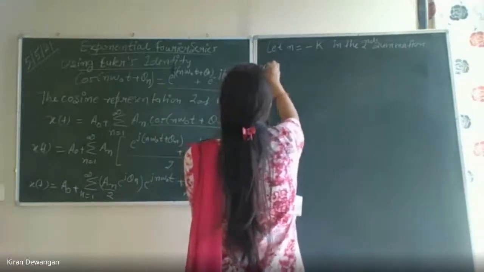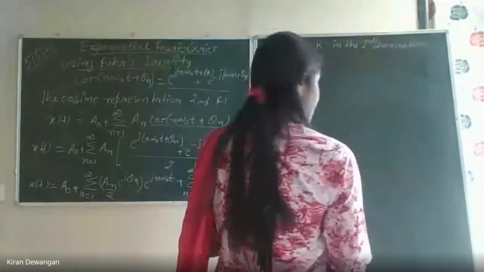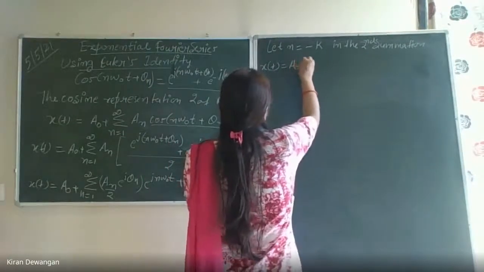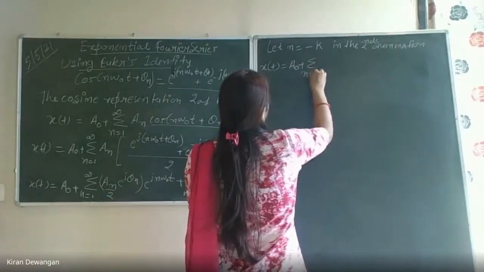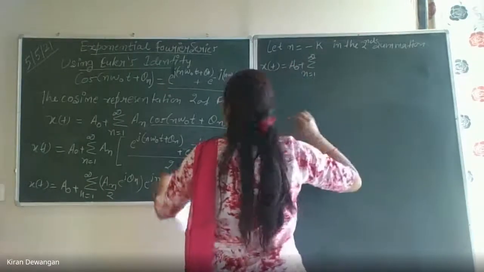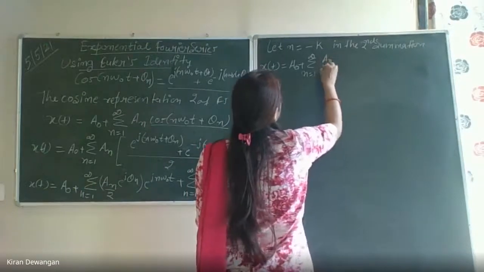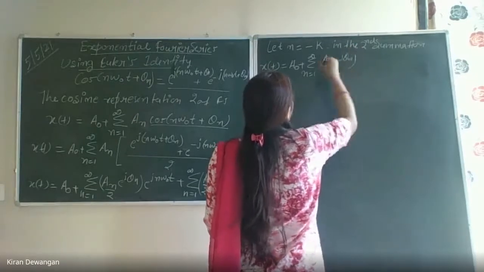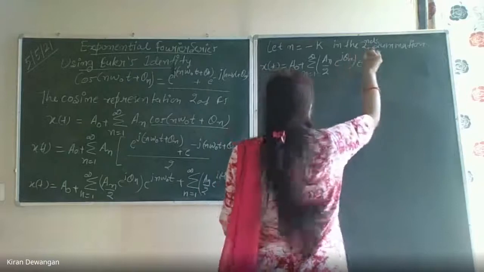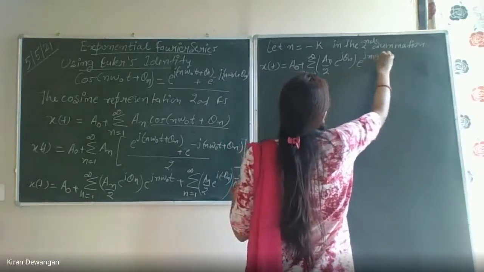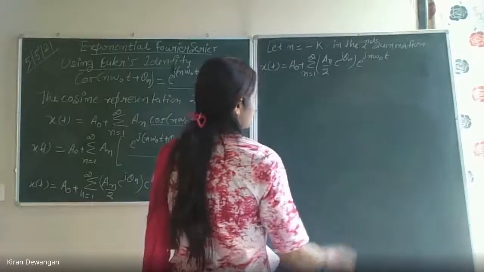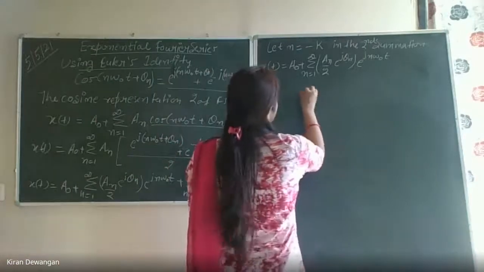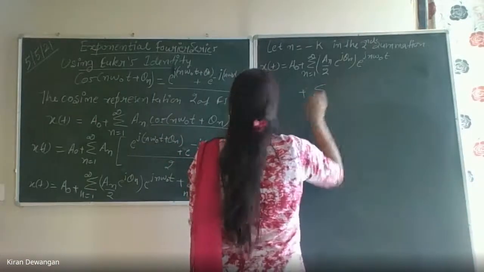Now I can write my xt as, for second summation, just remember students, the first term will remain as it is: plus summation n 1 to infinity, n by 2 e to the power j theta n into e to the power j n omega naught t. This will remain as it is. Now coming to the second expression, this can be written as plus summation a n by 2.